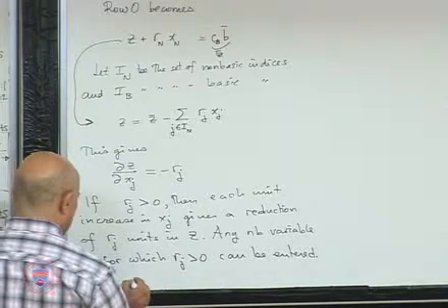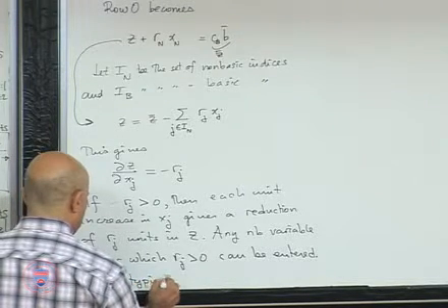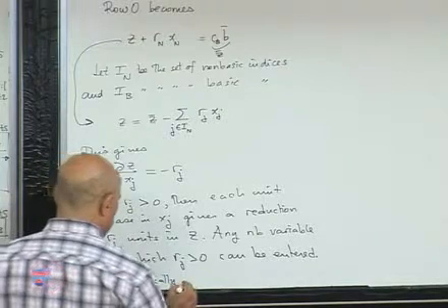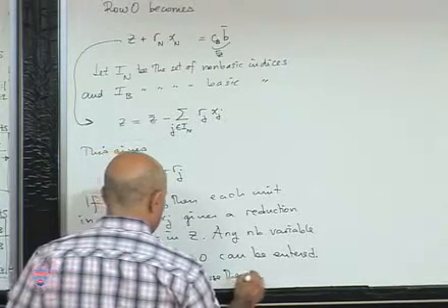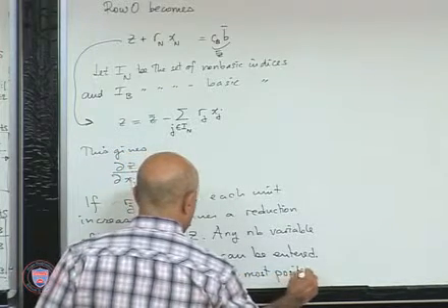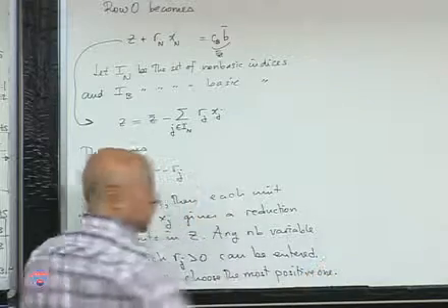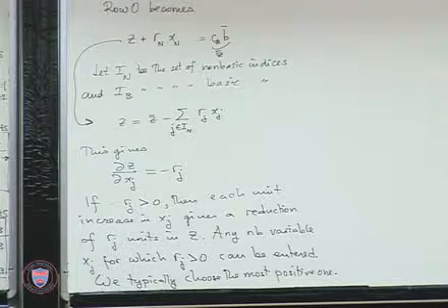We typically choose the most positive one. And if you have ties for the most positive, of course you choose one of them, only one of them.